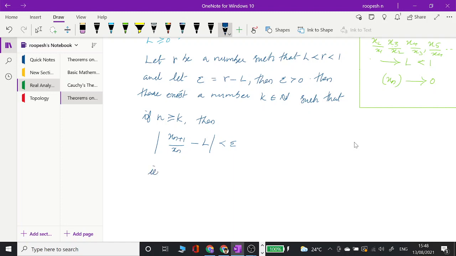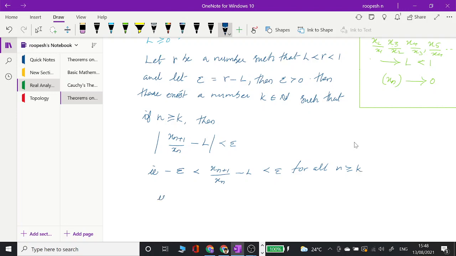That is, minus epsilon less than x n plus 1 by xn minus L less than epsilon for all n greater than or equal to k.